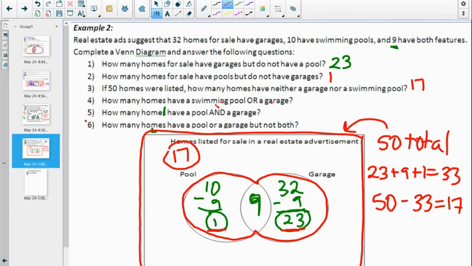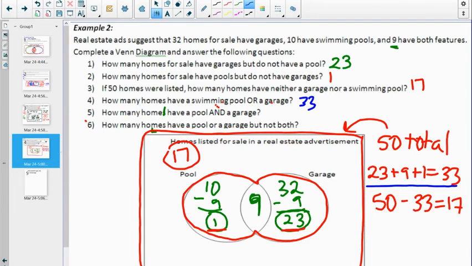How many homes have a swimming pool or a garage? We actually just did the math for that when we added these together. A swimming pool or a garage includes the 'and,' so it includes that 9. That's why we did 23 plus 9 plus 1, and that got us to 33.